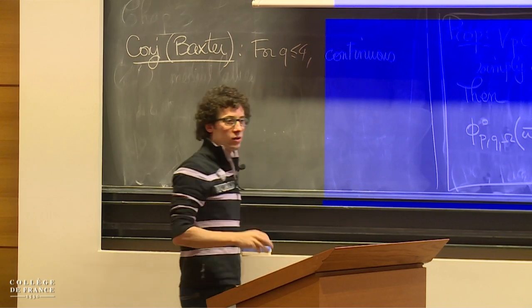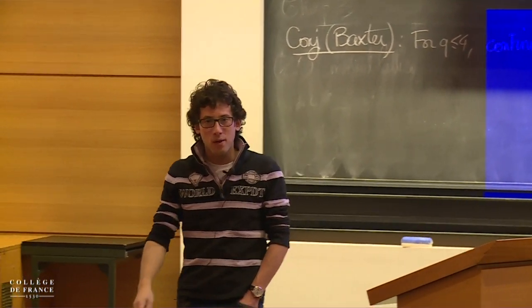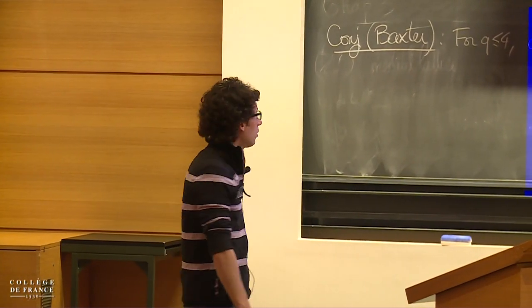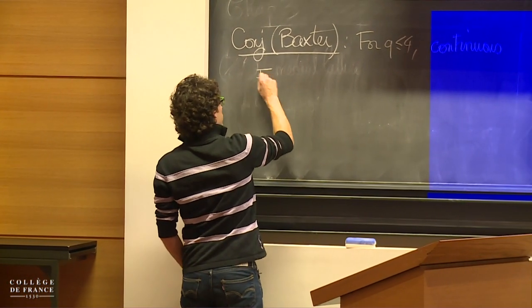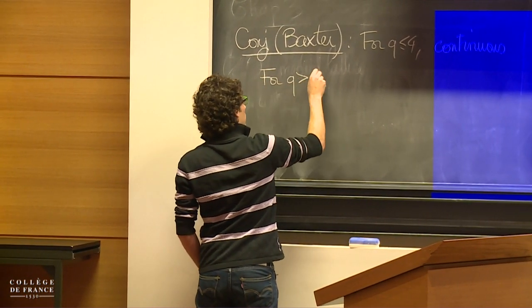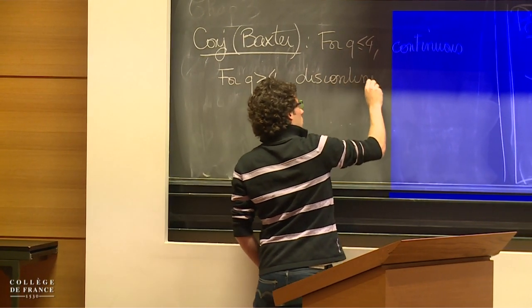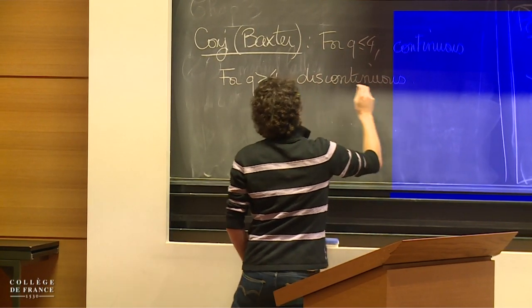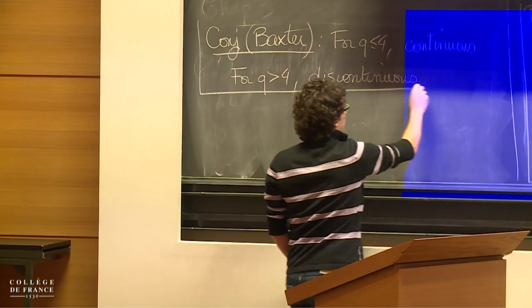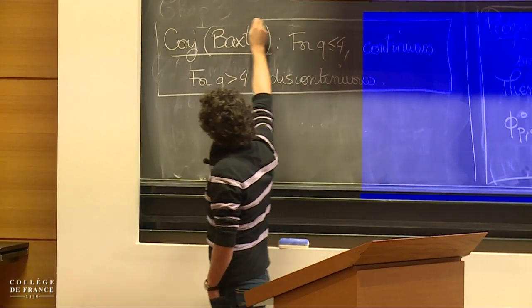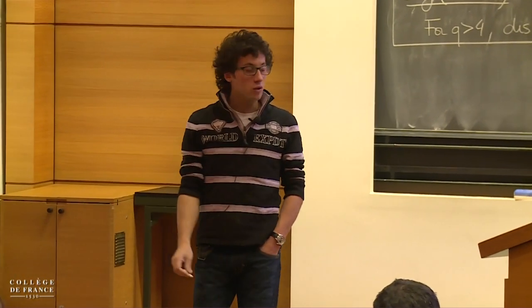So in particular, the 5 conditions that I described in my theorem are satisfied. And for Q strictly bigger than 4, you have discontinuity in the phase transition. So in this case, none of the conditions are satisfied. And that's a conjecture that we would like to solve.